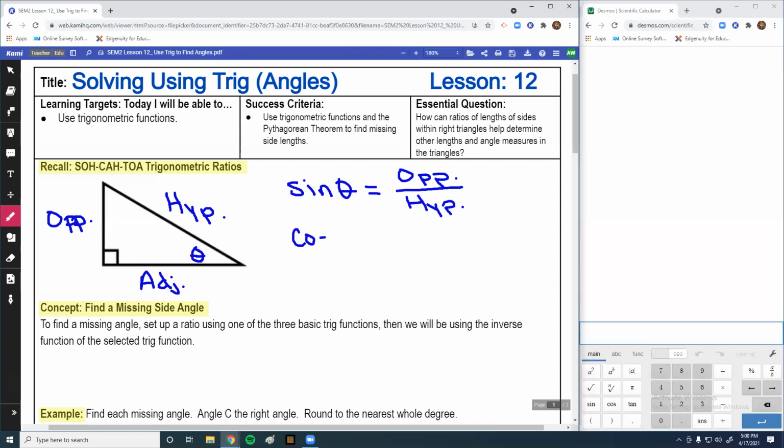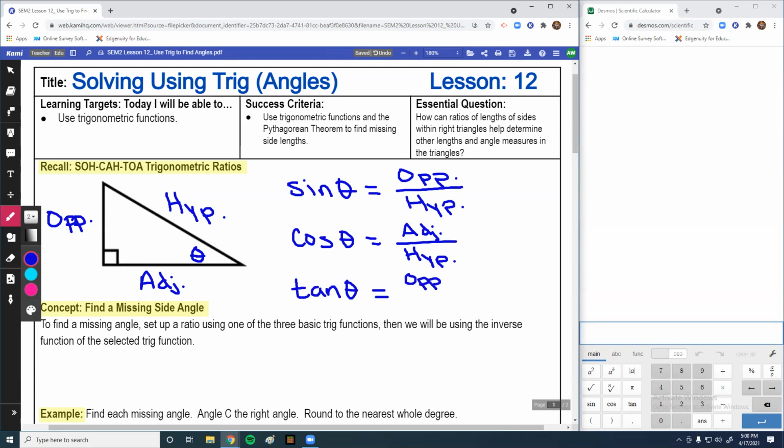We have cosine theta is equal to adjacent over hypotenuse. And then we have tangent theta, which is equal to opposite over adjacent.